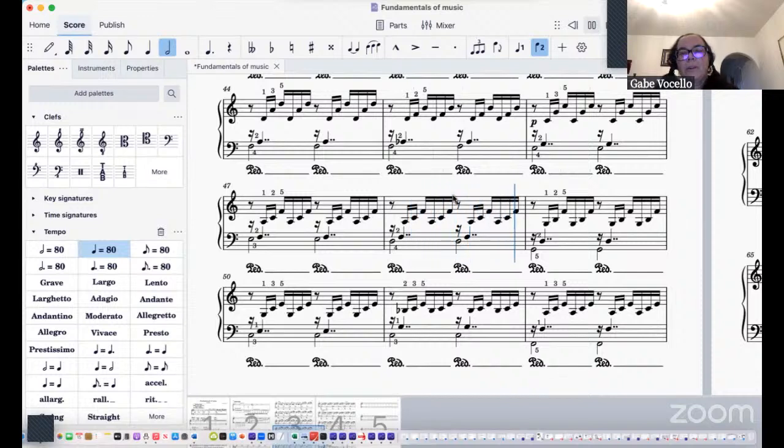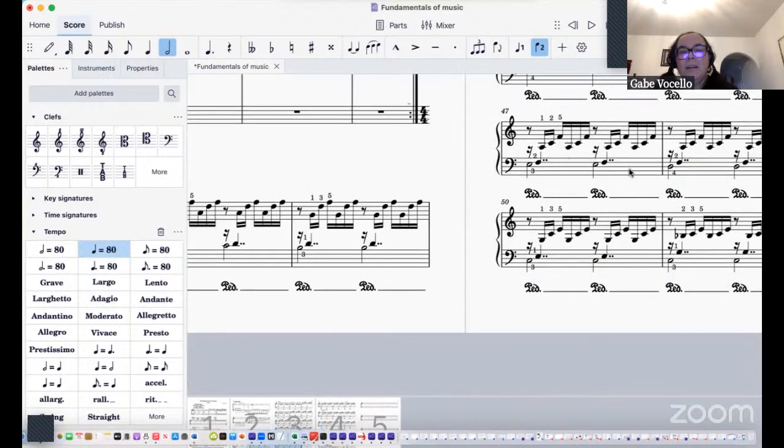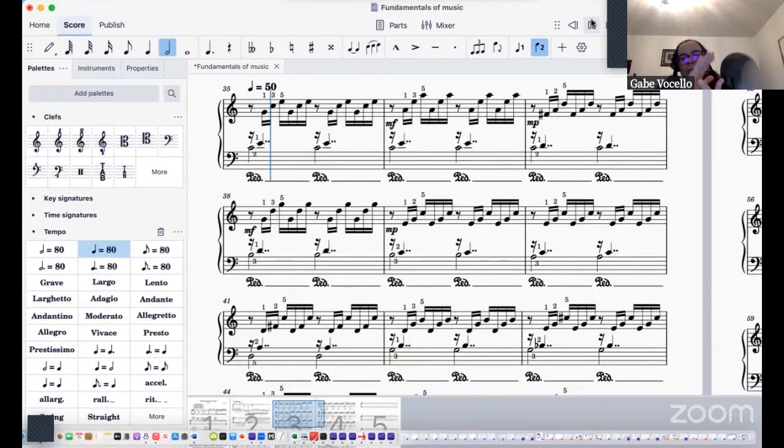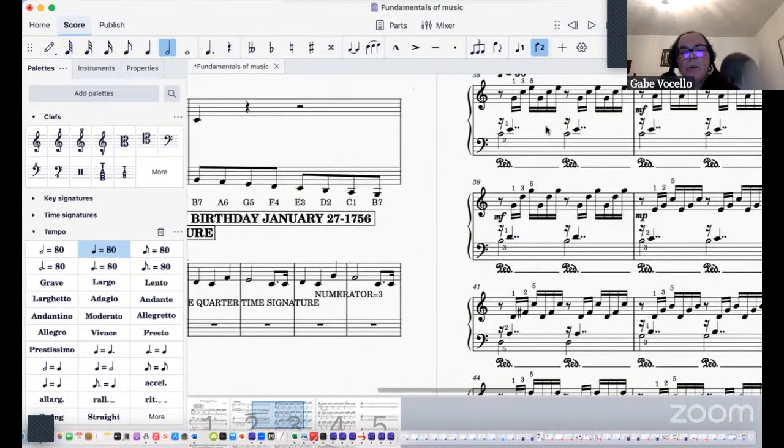So on and so forth. So now let's see the beat here, the quarter note when you start, okay? Again. So the tempo, the BPM here, is equal to 50.